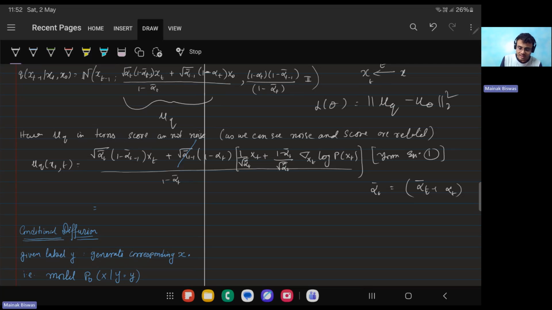So once I pull this out, I'll have root over of alpha t (1 minus alpha t minus 1 bar). And I will have 1 minus alpha t by root over of alpha t. There's no bar here, sorry. Into xt.